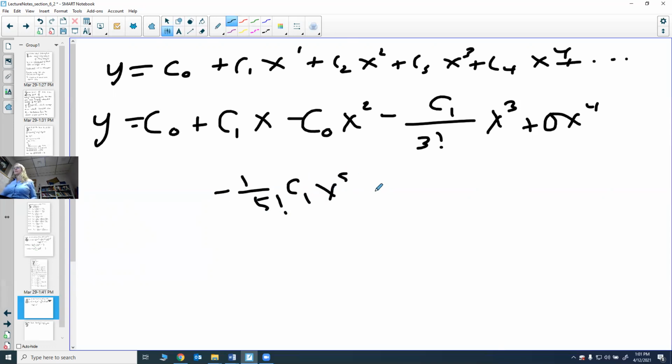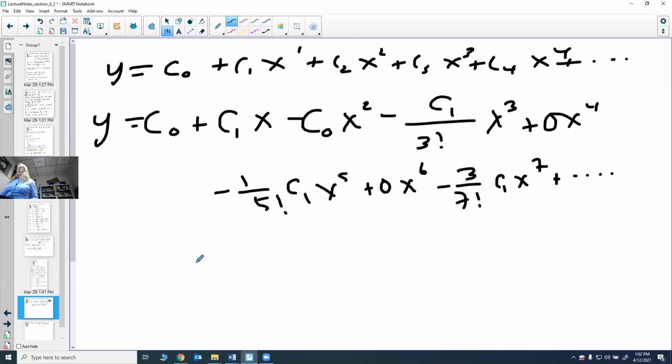C sub 6, we found out was 0. So plus 0 times x to the 6th. C sub 7, we found is negative 3 over 7 factorial, C sub 1, x to the 7th, and so forth from here on out.